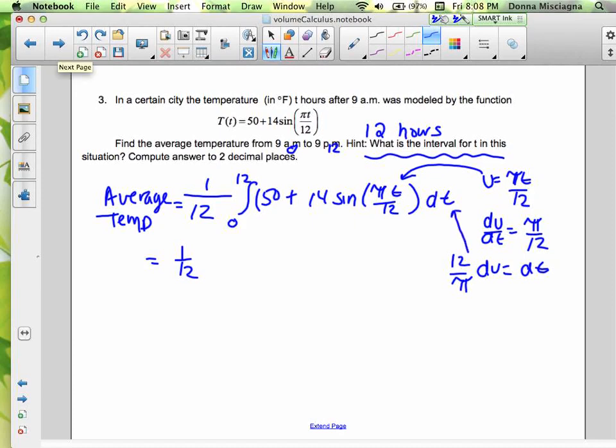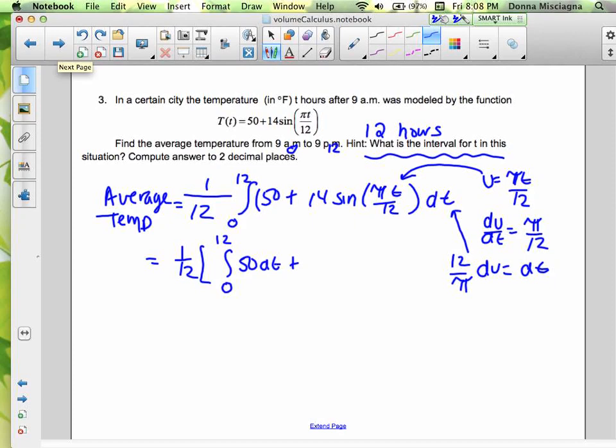So here we have a little substitution. And the 50 is fine the way it is. So now let's rewrite that. So 0 to 12, and this would be 50 dt plus, and 14 can come out.